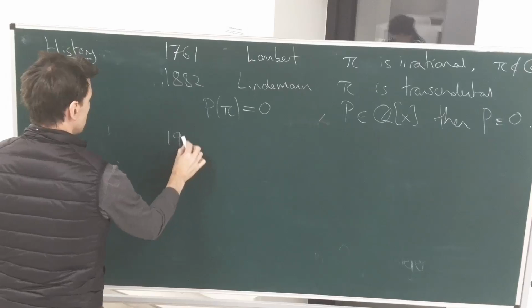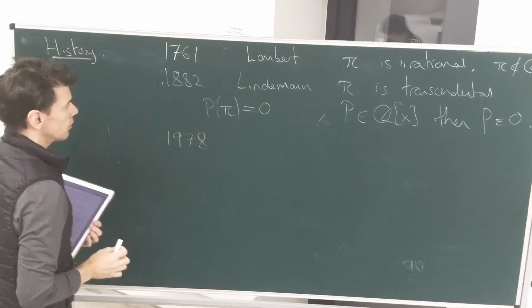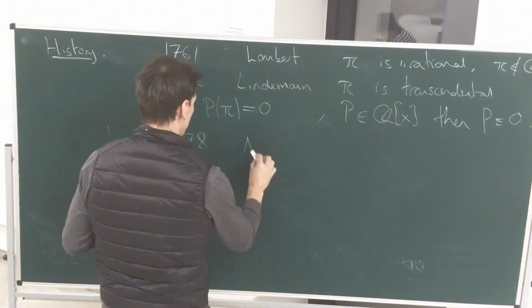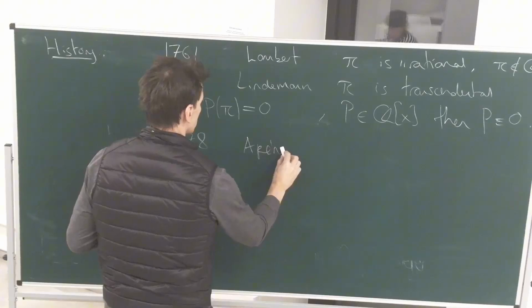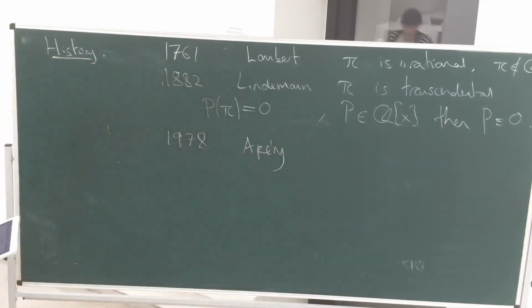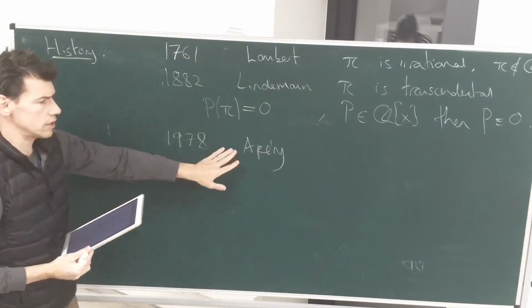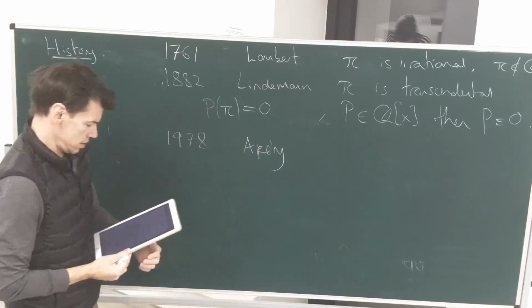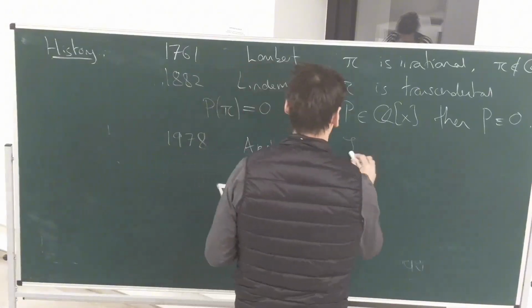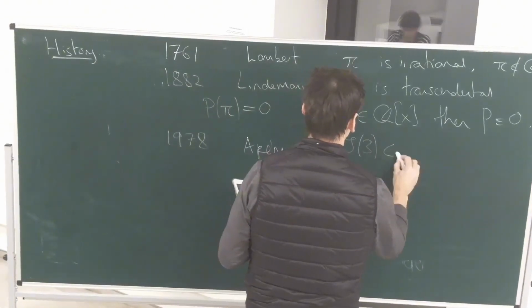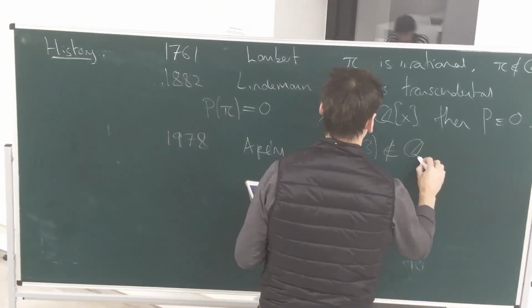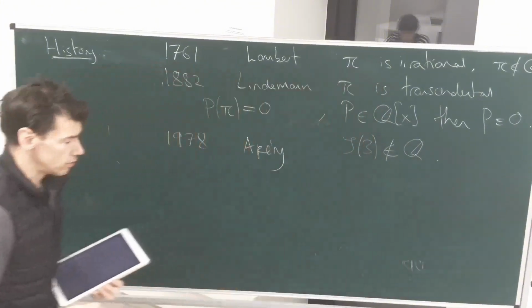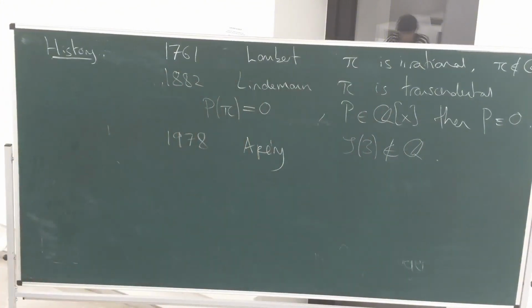Then we had to wait nearly 100 years for a huge breakthrough by Apery, who was, I think, in his 60s when he proved this. He was, I think, a schoolmaster at the time. And he amazingly proved that zeta 3 is irrational. And I'll explain roughly how he did this.